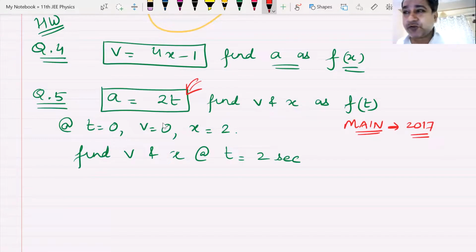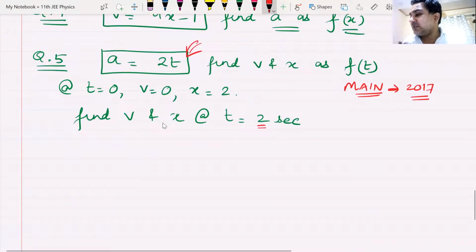Let us see if you can solve this one. The question that appeared in JEE Mains did not have so many parts. It had just one part: find v at 2 seconds. I have made it bigger so that we can solve the question in its entirety. Your time starts now.